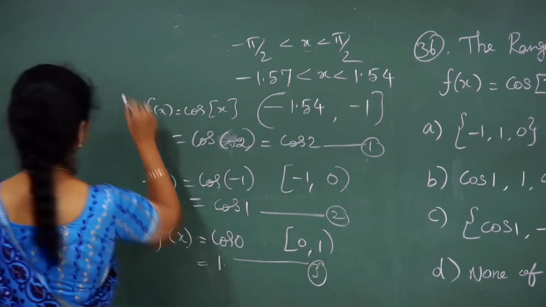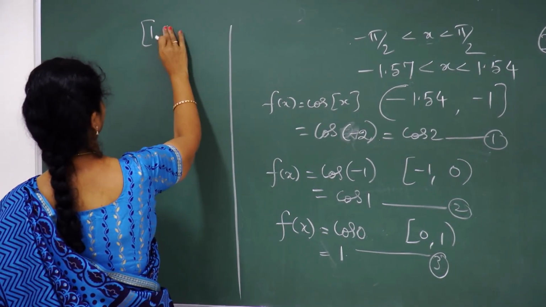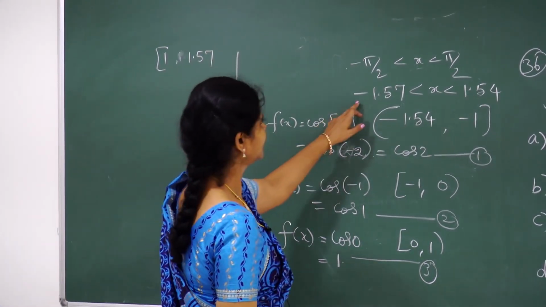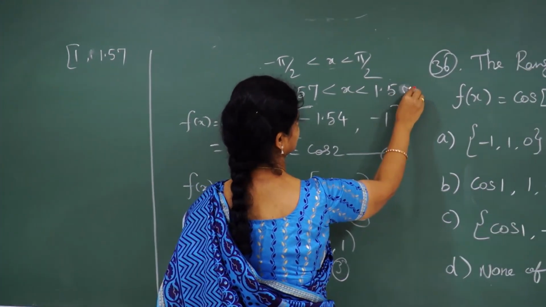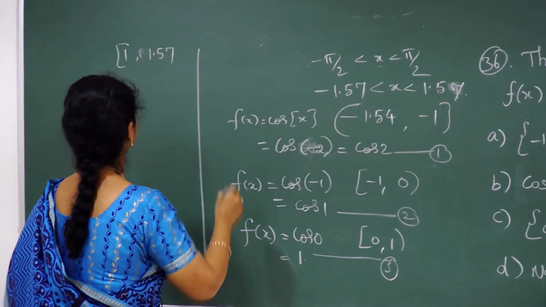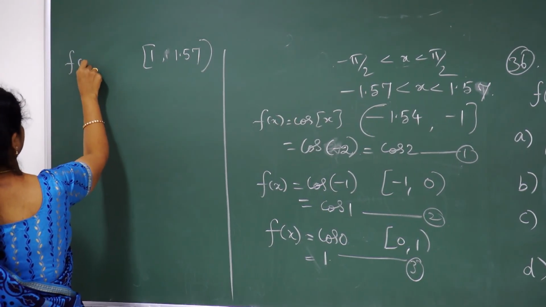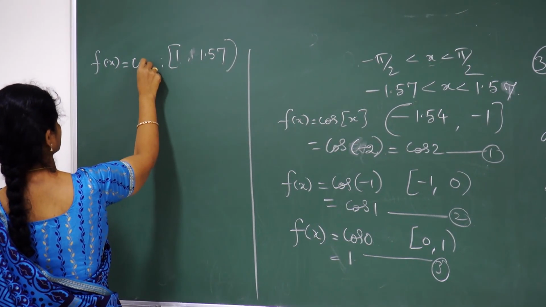So next interval is 1 to 1.57. So here in 1 to 1.57, what is your f of x? f of x, the greatest integer value is 1, so cos 1. Again cos 1.